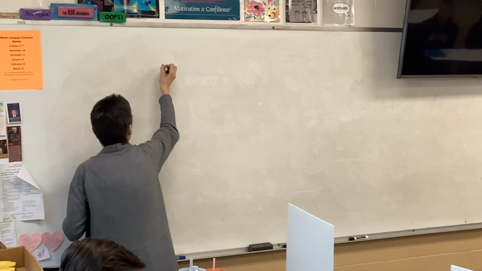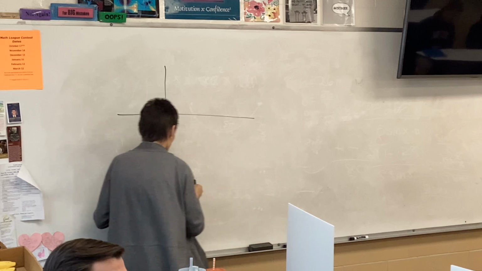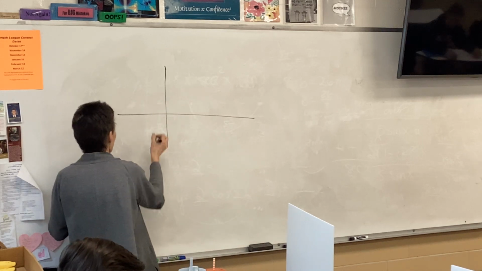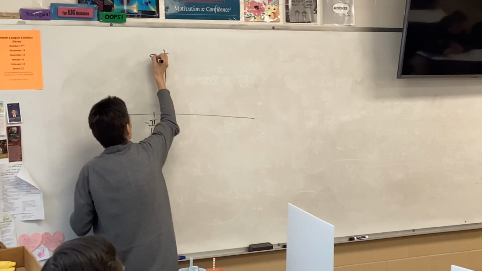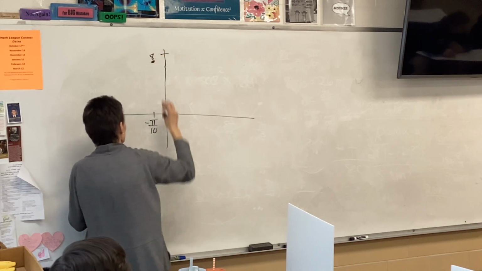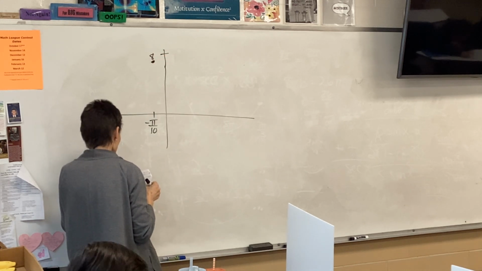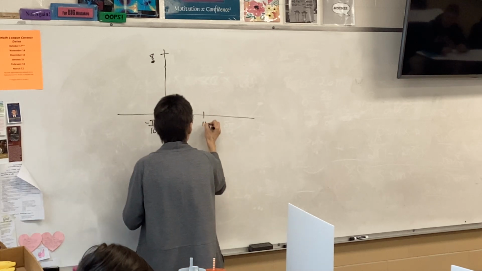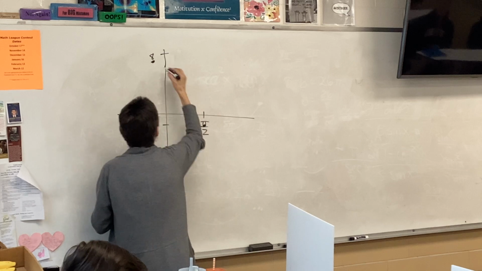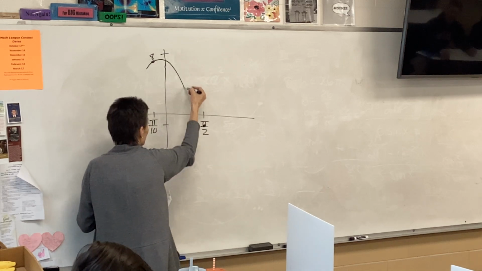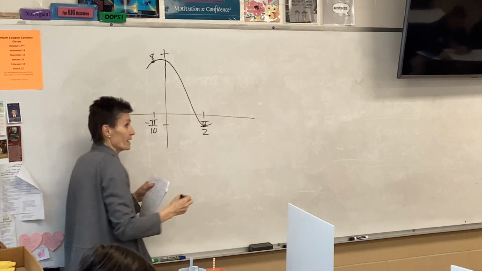In number 6, we have a maximum at negative pi over 10, 8. So here's our maximum. And we have a minimum at pi over 2, negative 1. Whatever it looks like, it's something like that.